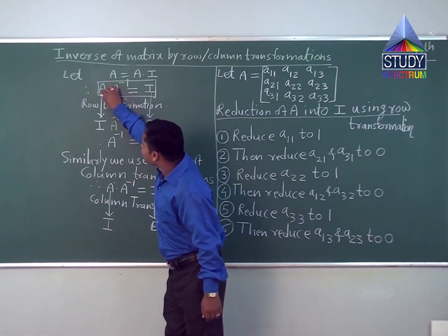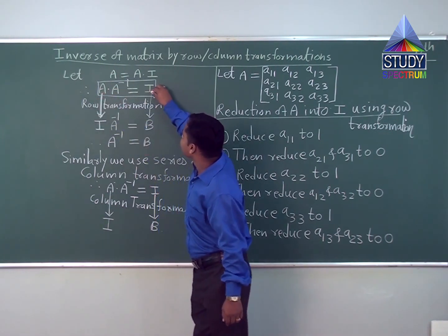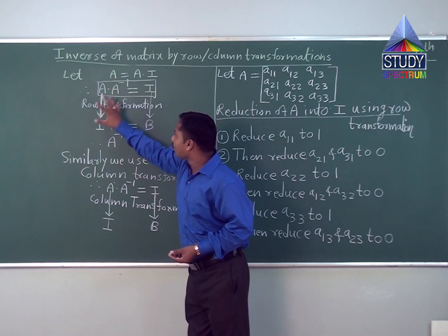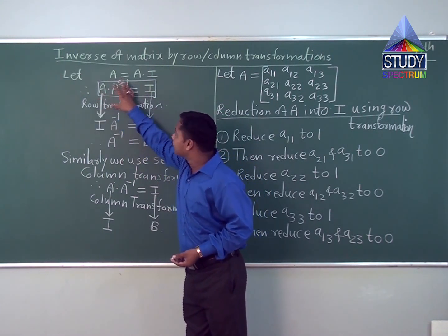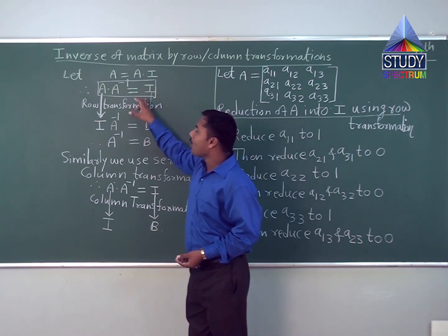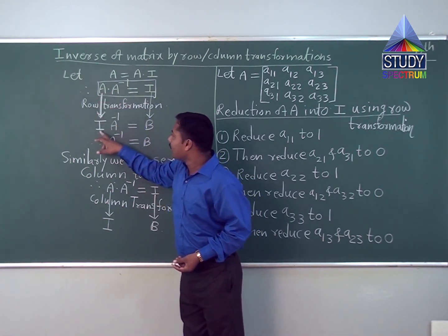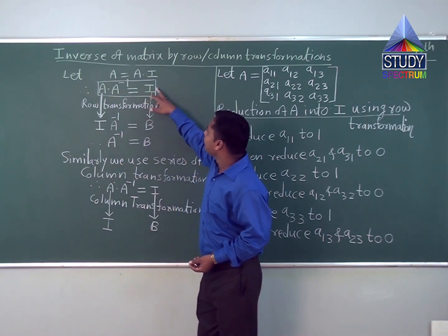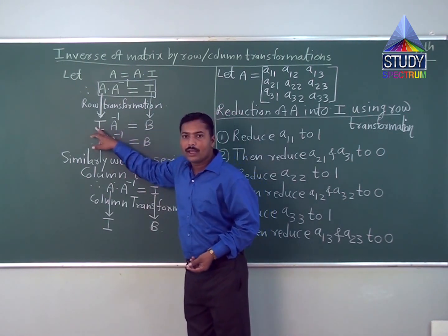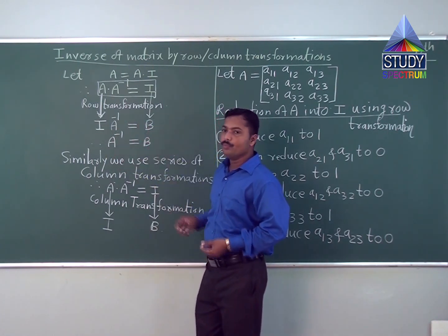Row transformations operate on this square matrix A and this identity matrix I. When we use the row transformation on matrix A, simultaneously row transformations operate on the identity matrix, and by using row transformation this square matrix is converted into identity matrix, and this identity matrix is converted into another square matrix. So here I into I means 1 into A inverse equal to B.